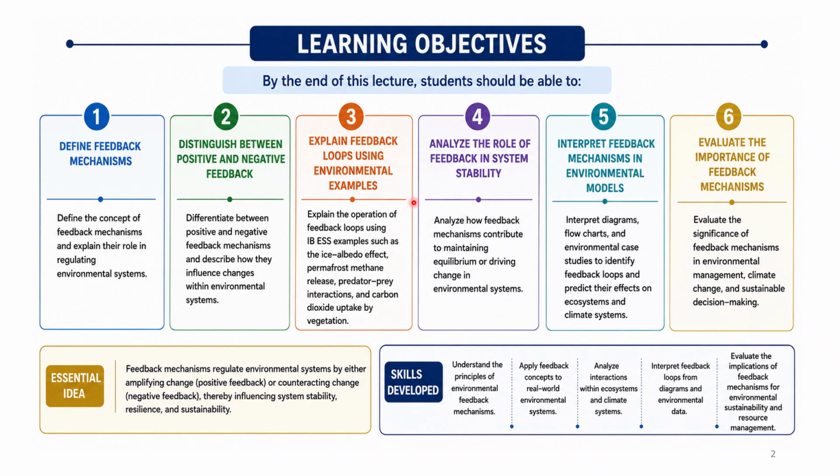You'll also analyze how feedback mechanisms influence system stability, interpret environmental models and diagrams, and evaluate why understanding feedback is essential for predicting environmental change and making informed decisions for sustainability.